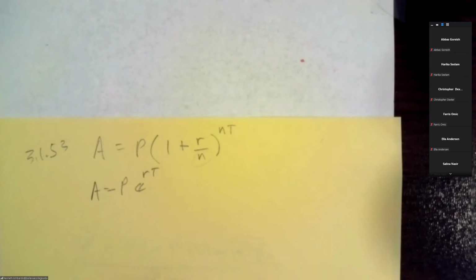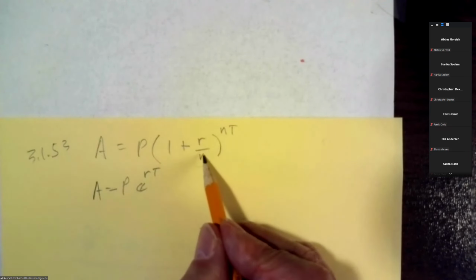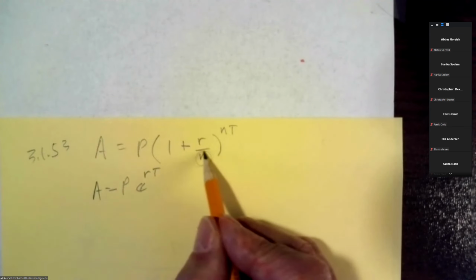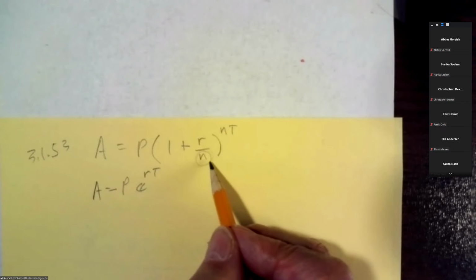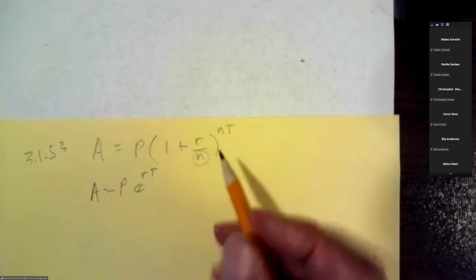So what formula does it want us to use here? Okay, we're going to use several of them: compounded semi-annually, compounded quarterly, compounded monthly. So if we're going to do that, we're going to use this value here, aren't we? If it's compounded semi-annually, it's compounded twice a year.